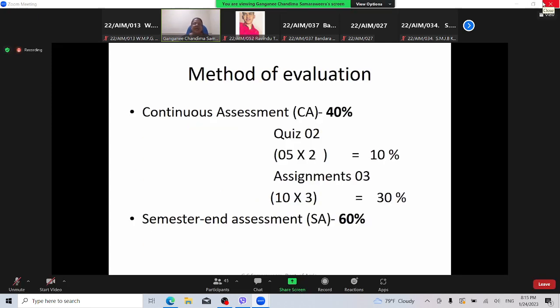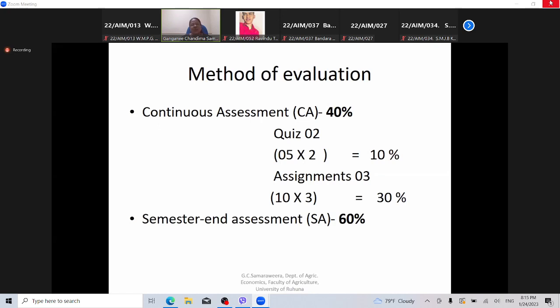Then I'll inform you the method of evaluation as well at the beginning. Then you will be ready for your course from the beginning. I hope you all will get maximum marks for my course. So this is continuous assessment 40% and semester end assessment 60%.